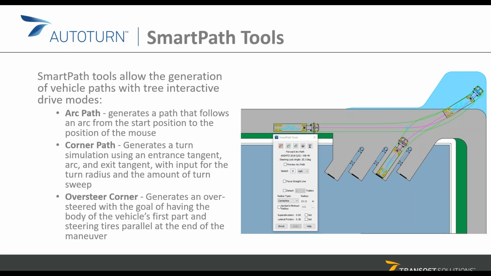And then oversteer corner path, which is based on corner path and ArcPath, will generate an oversteer maneuver, which is what typically large vehicles will do. So semi-trailers, particularly WB62s and 67s, or WB19s and 20s if you're in Canada, will oversteer to make corners.